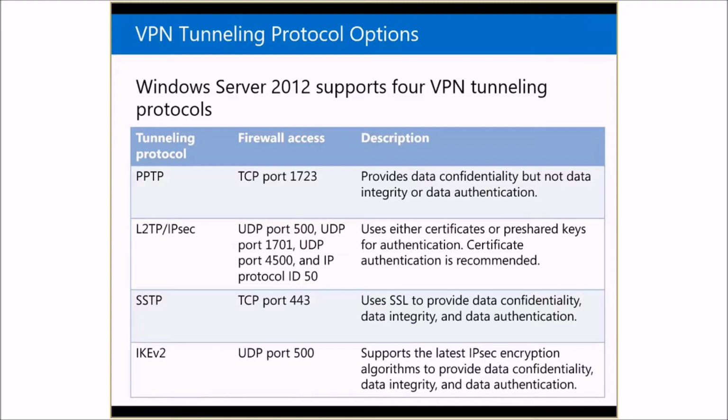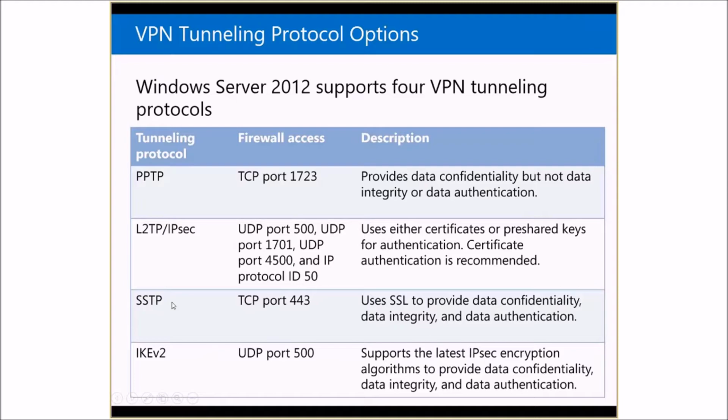HTTPS, remember, just like what we talked about before, it uses HTTPS for this protocol. So again, this protocol might not be our first choice, but what if we're in a situation where we're behind someone else's firewall? We're in a hotel room, we're in an internet cafe, and we still want VPN, we can use this one.